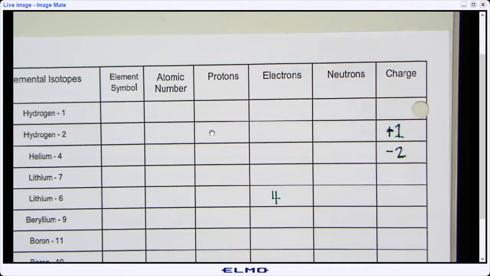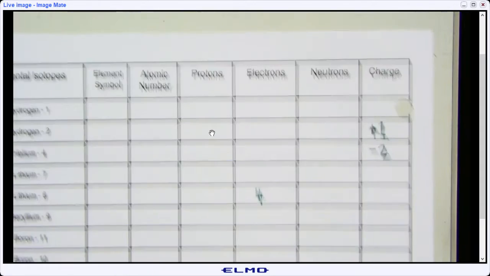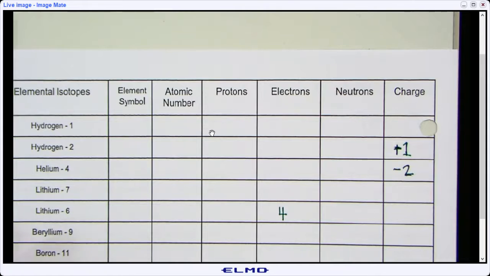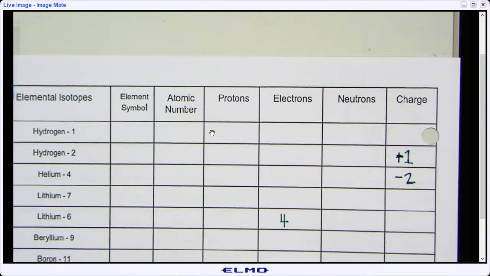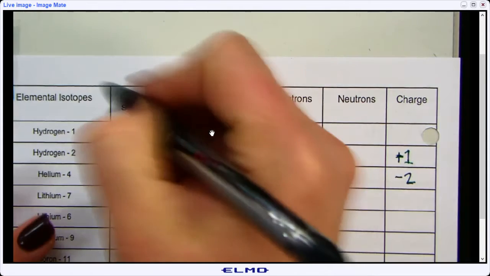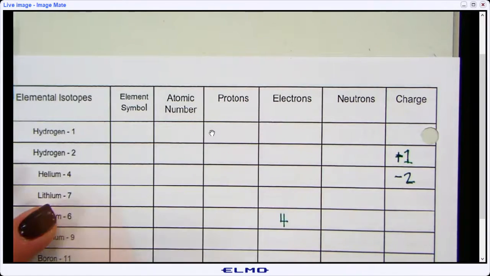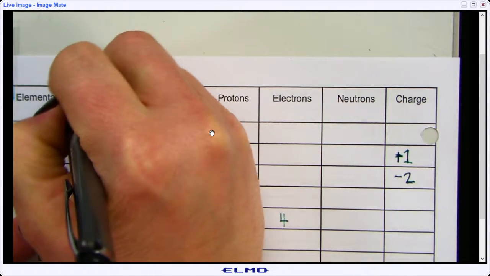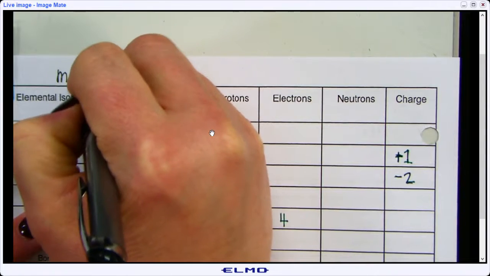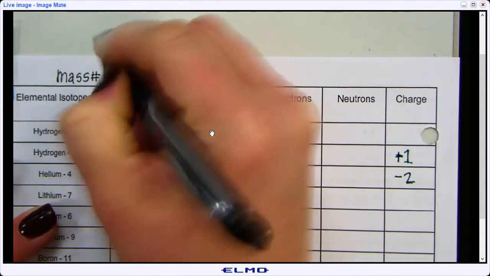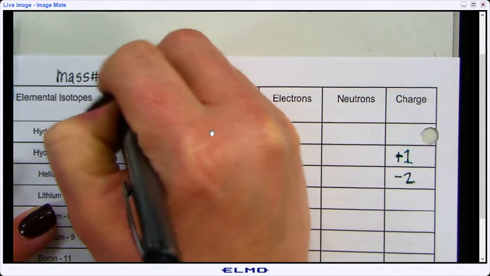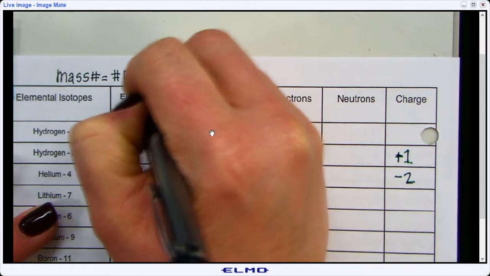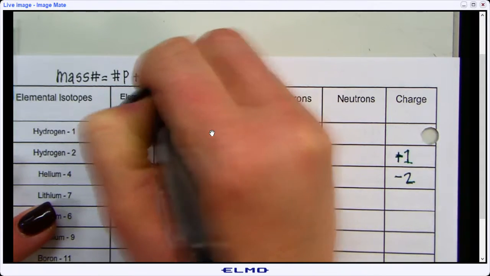To calculate the isotopes, we're going to go over the equations that you have in your notes on page 39. The equations that you're going to need to help you today are that the mass number equals the number of protons plus the number of neutrons.